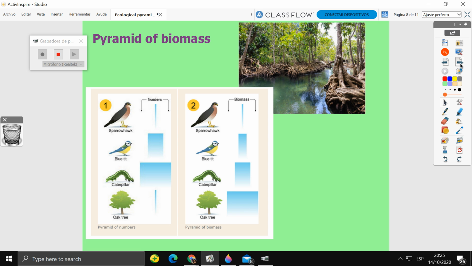As with the number of organisms, we can represent values of biomass in a diagram. The producers will be located in the lower area, and step by step the following trophic levels represented in a food chain can be located.